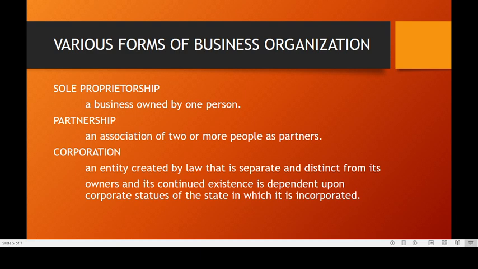And it will continue to exist, but it will depend on the corporation statutes.